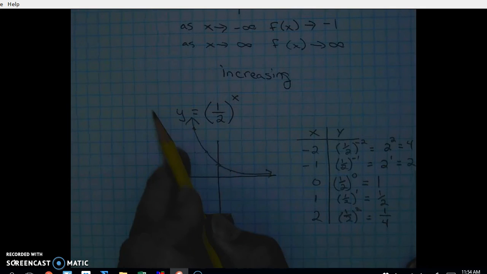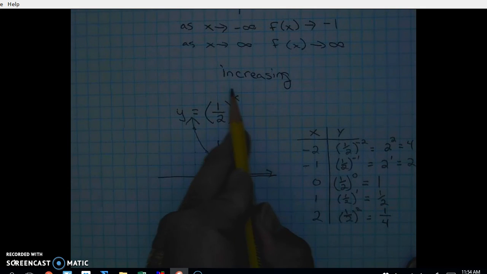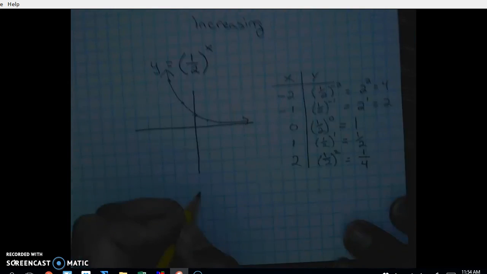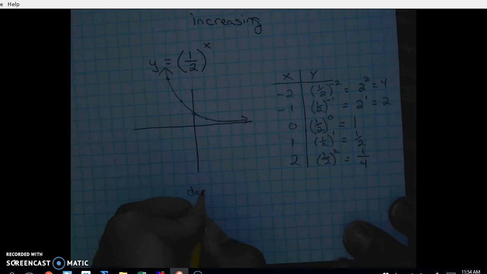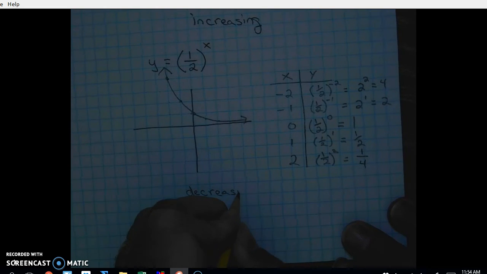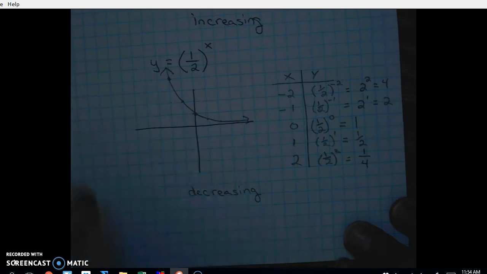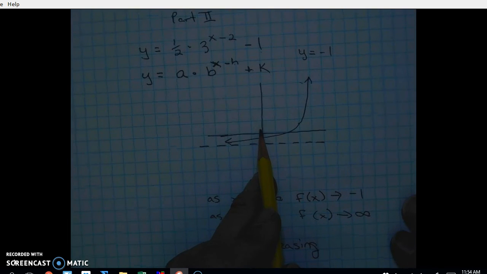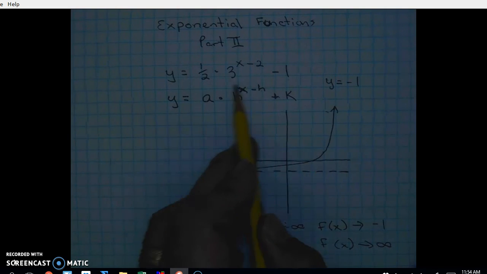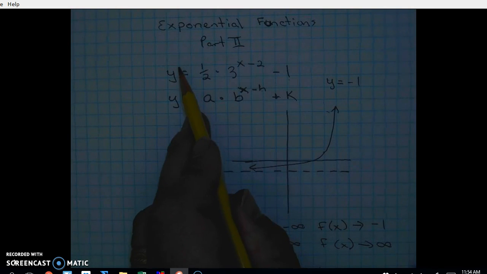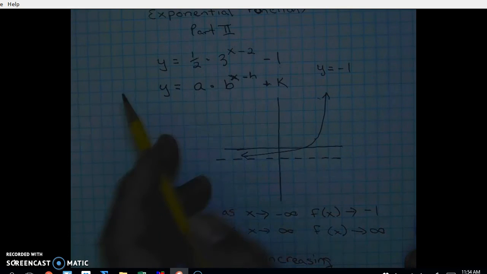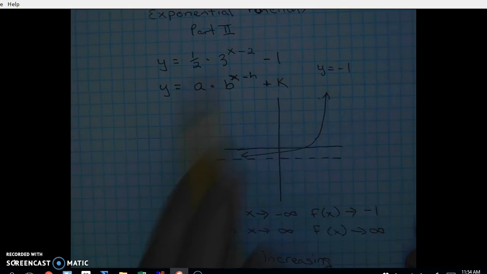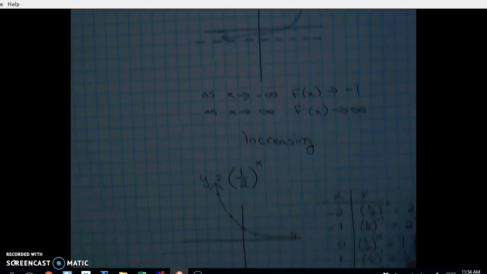Can you tell by looking at the equation? Versus an increasing function. Can you tell what's different? And don't think parameter changes. Think about the base.